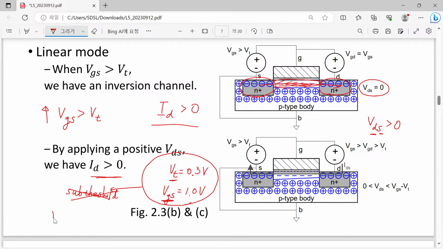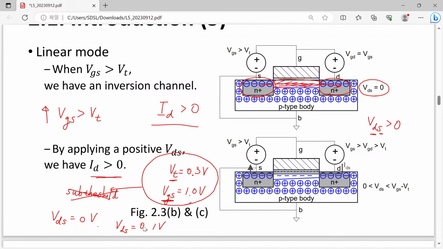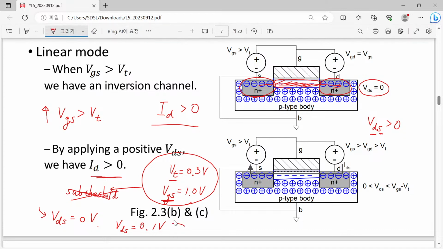Now let's make a comparison between two cases. One case is VDS exactly 0 volt, and the other case is VDS exactly 0.1 volt. Please try to estimate the current conducted by this transistor. Do you think this one is higher or that one? Which one is more conductive?